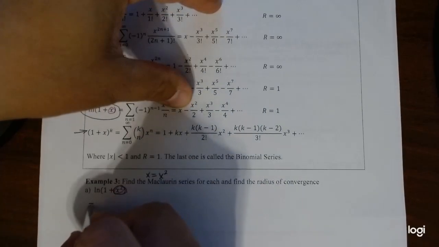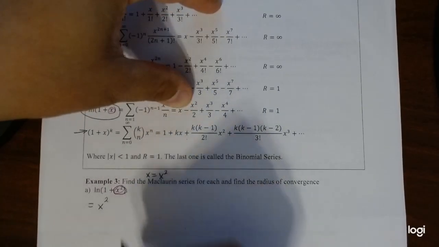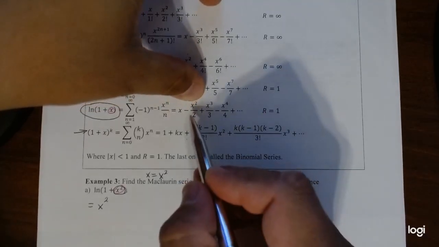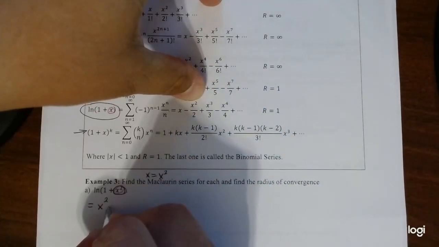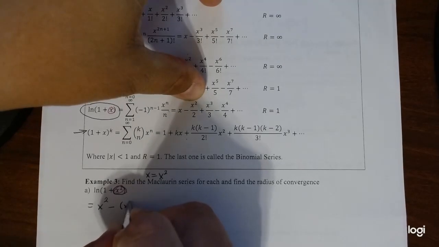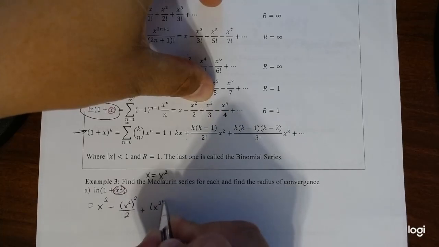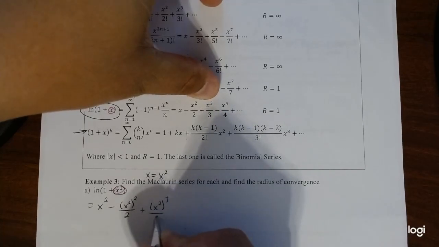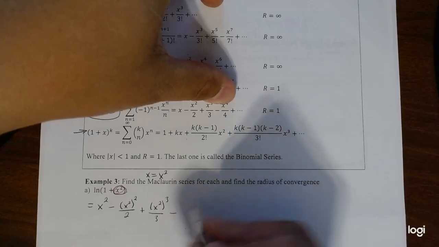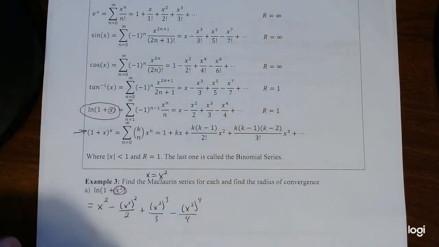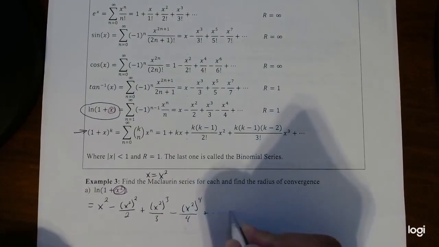So this ends up being x squared, minus x squared squared over 2, plus x squared to the 3rd power over 3, minus x squared to the 4th power over 4, and so on. It keeps going in that process.